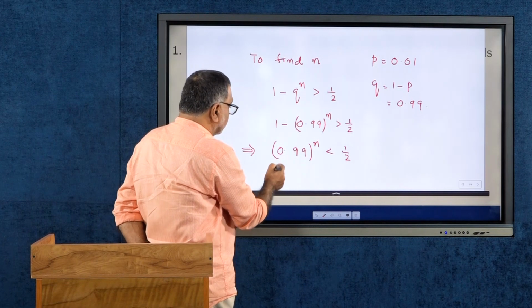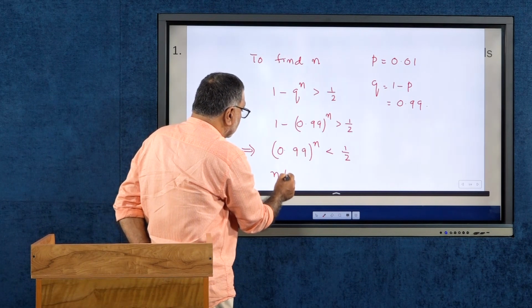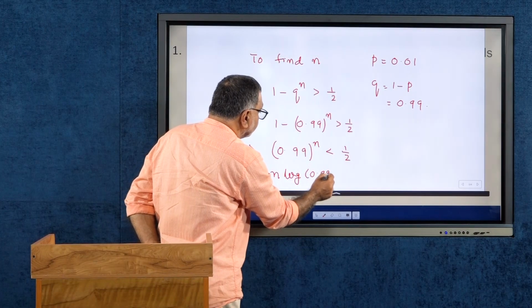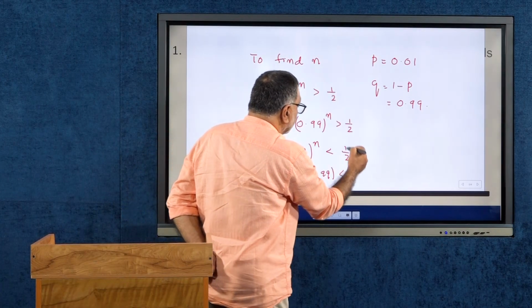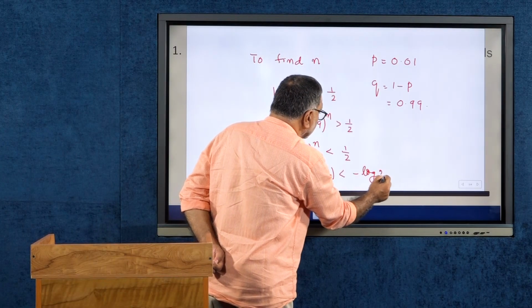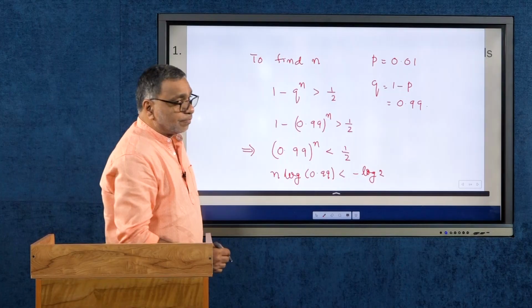By taking logarithm, this is n logarithm of 0.99 is less than logarithm of 1 by 2, that is, minus logarithm of 2.